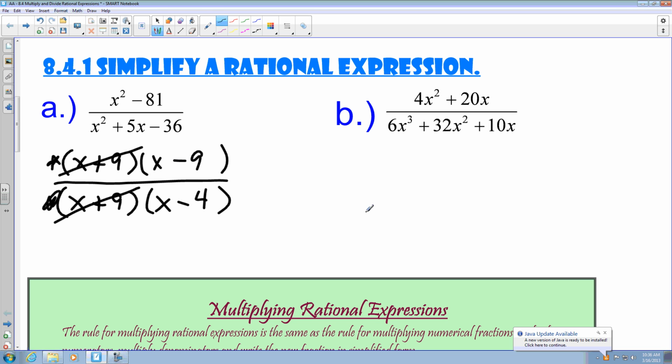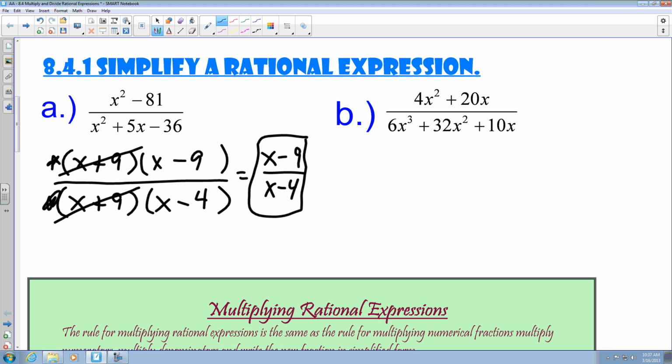And anything multiplied by 1 is itself. It's the identity. So I just cross those out, representing those as 1. At the end of this, I have x minus 9 divided by x minus 4, and that is in its simplest form.